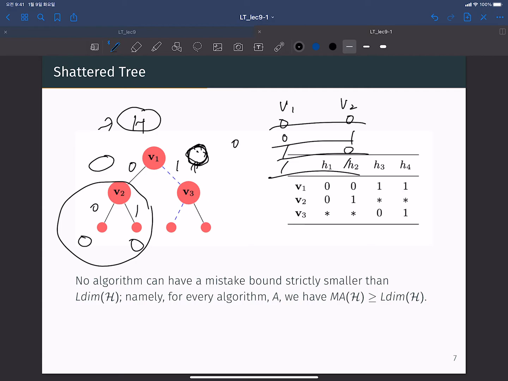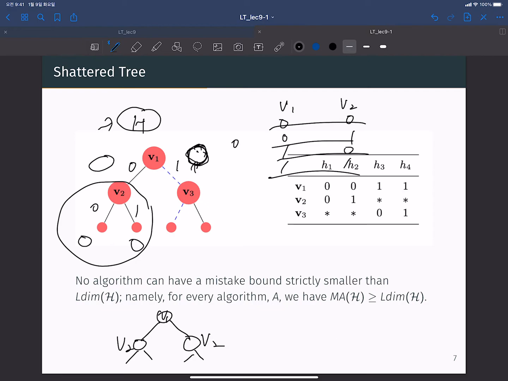In other words, when we have VC dimension 2, the hypothesis class can shatter the tree having instance v1 at the first level and v2 at the second level.